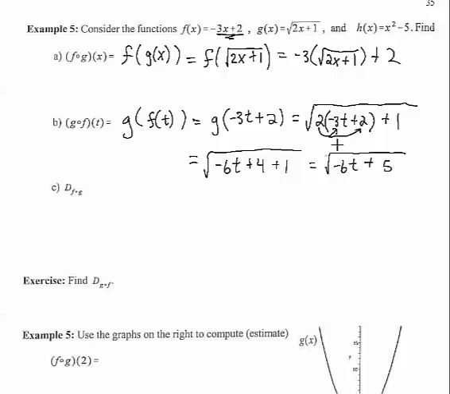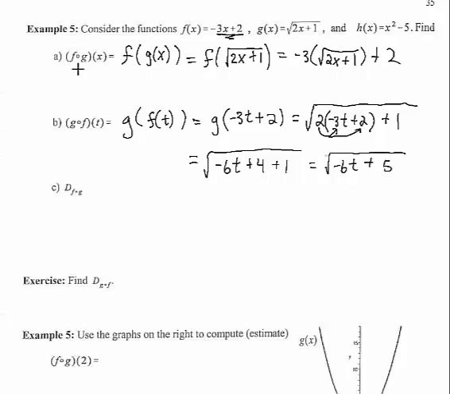Okay, so this expression represents the composition of g and f of t. Now C, probably the most difficult question of this section. Okay, we want to know not the composition of the two functions.